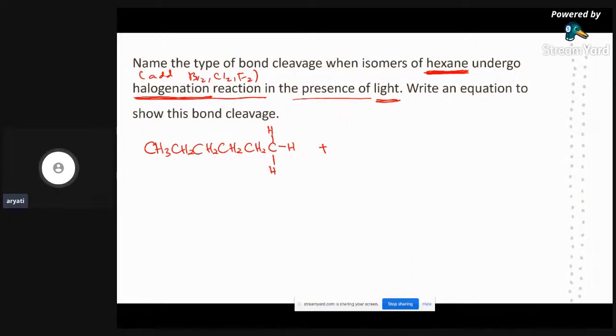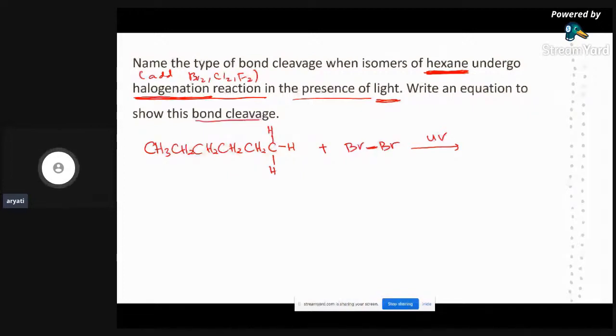Okay, so react with bromine, Br2, in the presence of UV. Okay, so dia undergo homolytic cleavage.